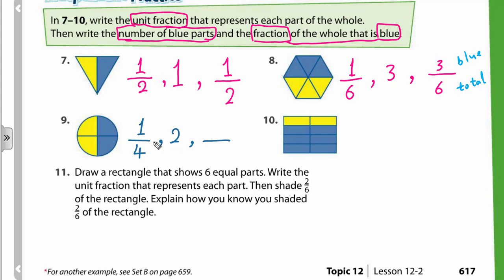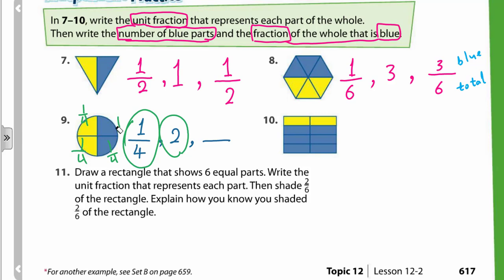Okay, my hero, focus with me again, Muhammad. Each part of these we call 1/4. This is 1/4, 1/4, 1/4, 1/4. And the blue is 2, so we call it 2/4, because each one of them is 1/4.